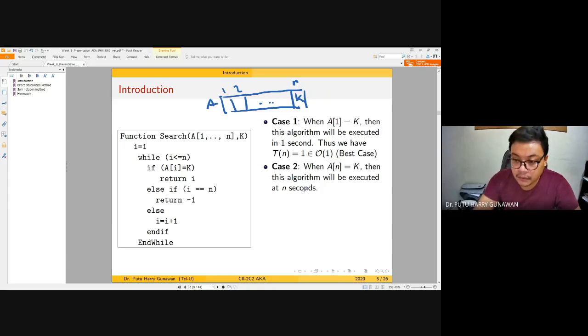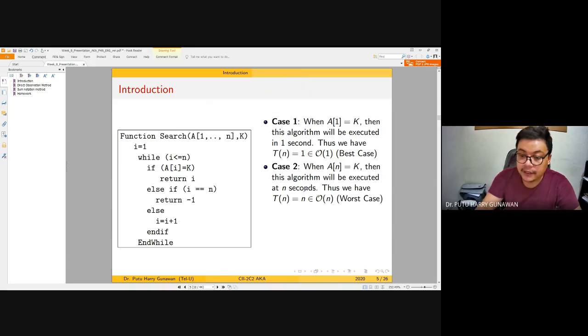So we have T(n) equal to n, in other words Tmax, since this is the worst case: the position of k is at the last place of the array.